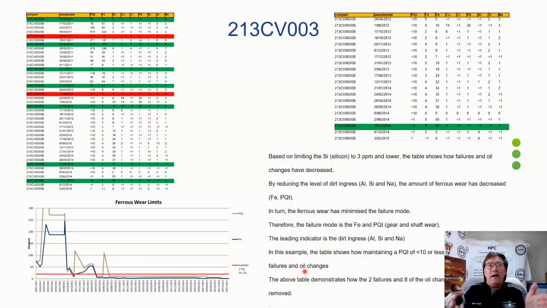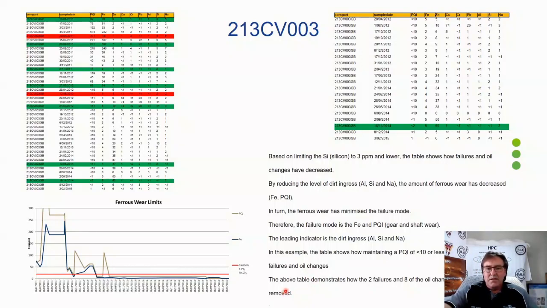So when it comes to setting alarm limits, it also means that we need to have a not one size fits all, but pick alarm limits specific to the asset and the application that it's being operated in.